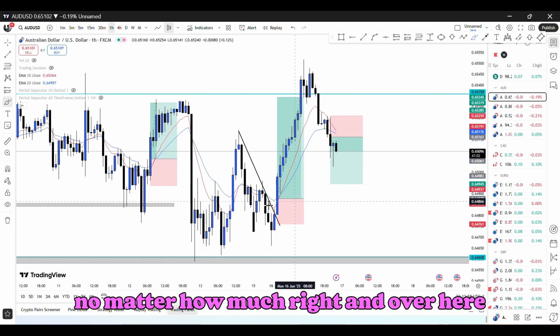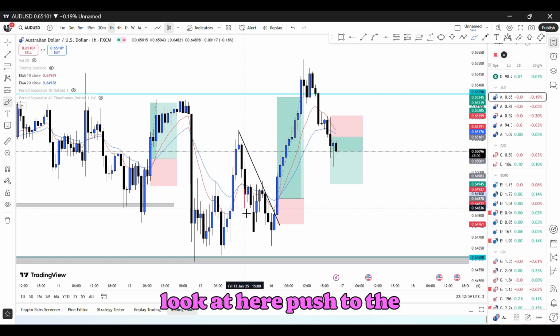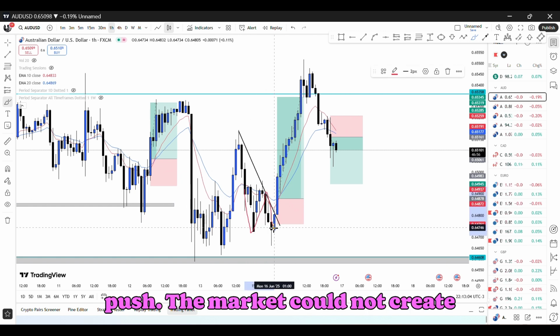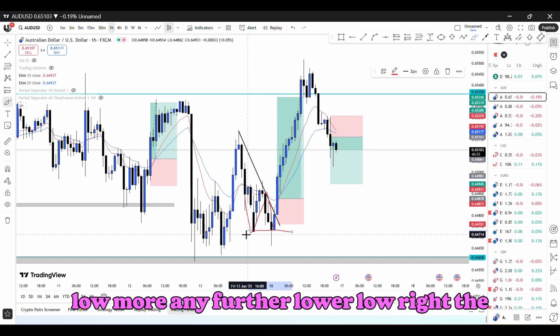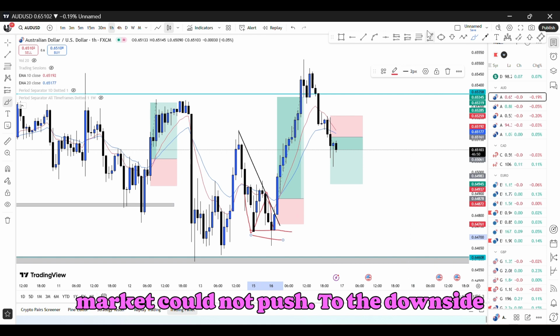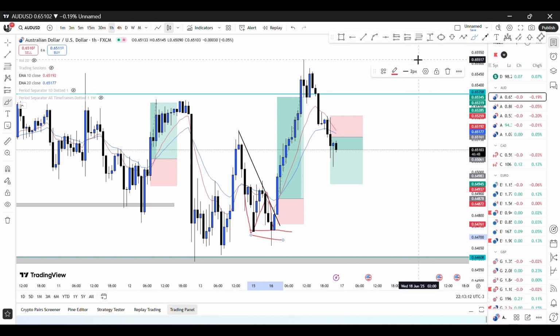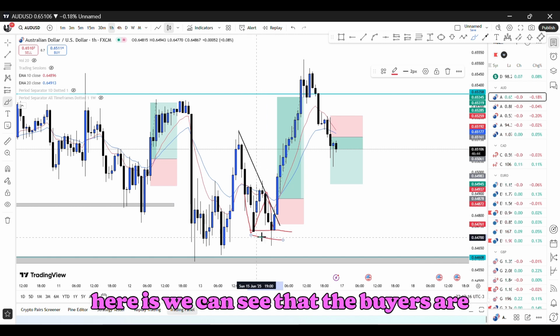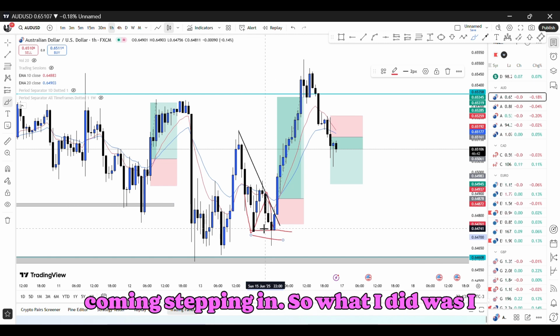And over here, look, a push to the downside, a 100% correction. The market could not create any further lower low. The market could not push to the downside anymore. So what we can tell is that the buyers are stepping in.